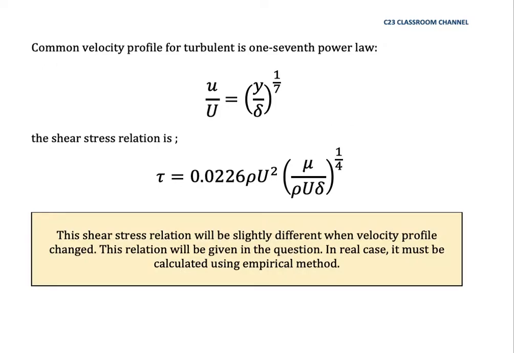Okay, normally in a laminar boundary layer, if you don't have any velocity profile, you will use the Blasius exact solution.